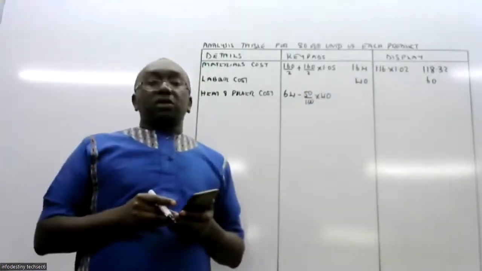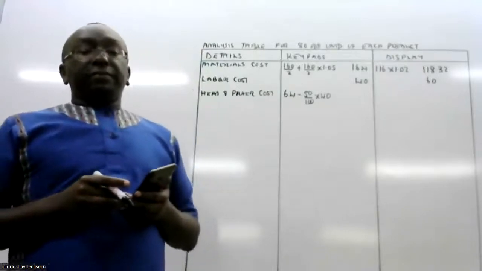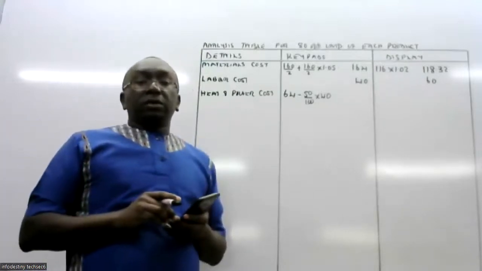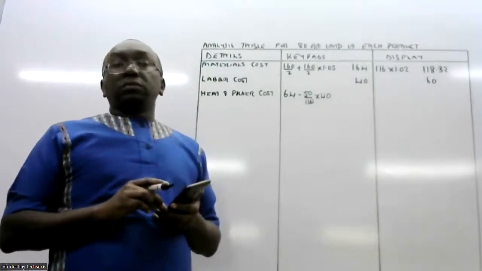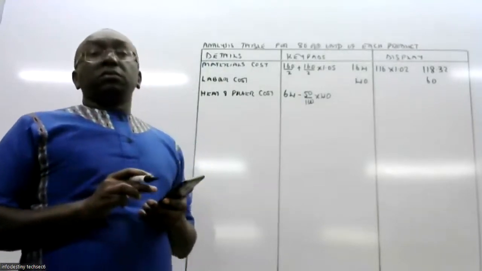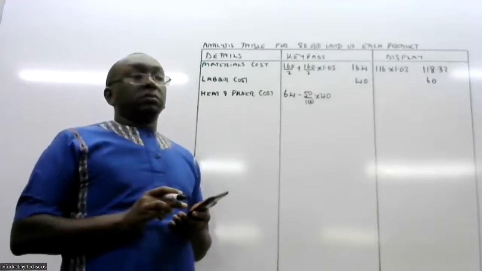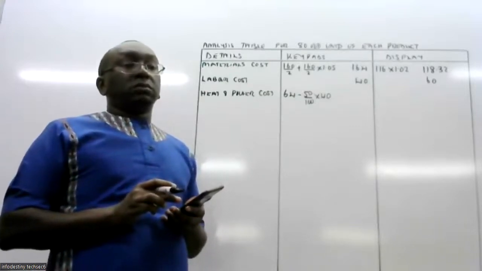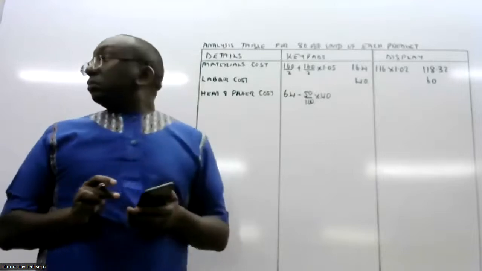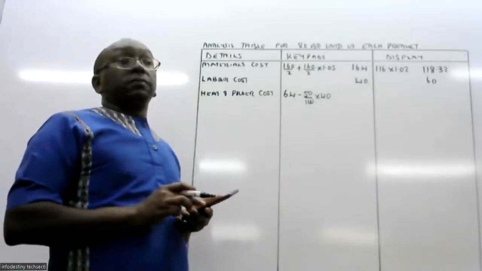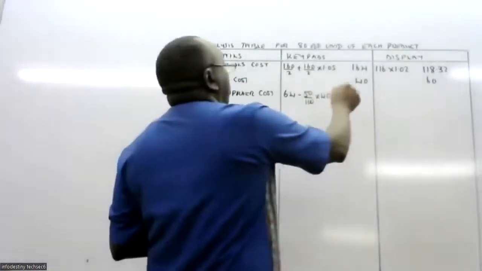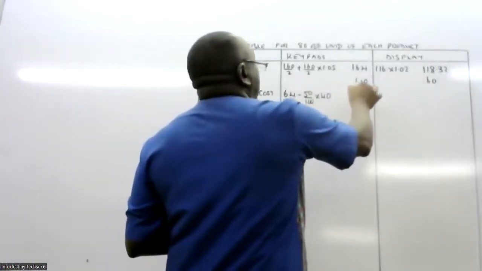The apportioned cost is irrelevant. 40, 44.